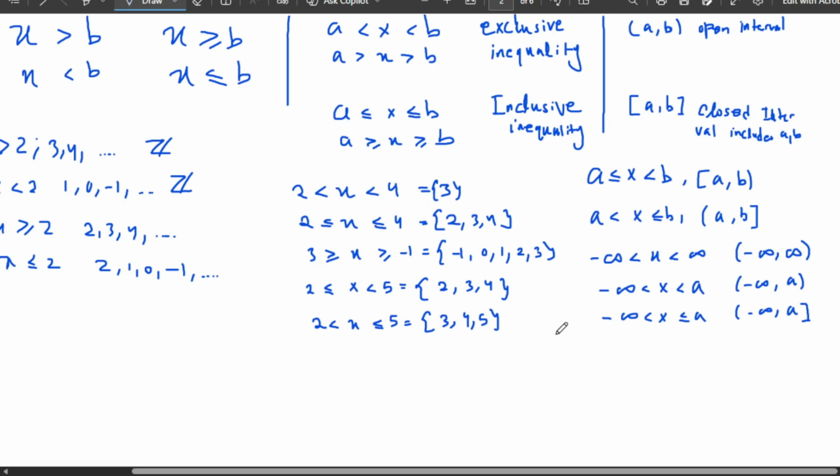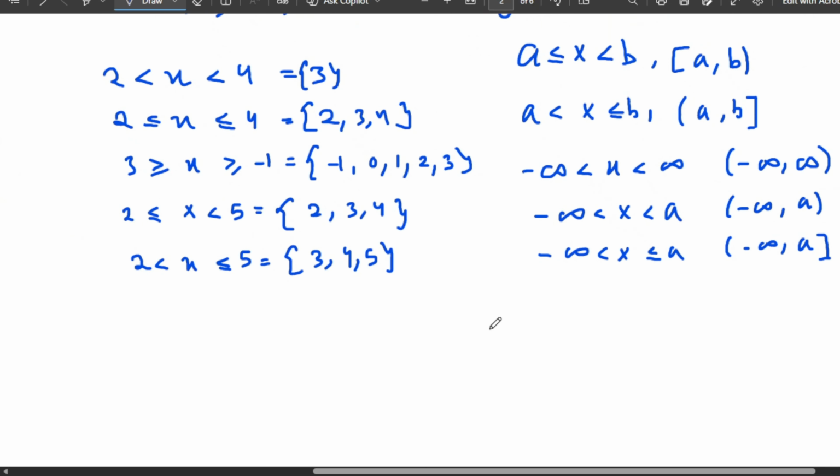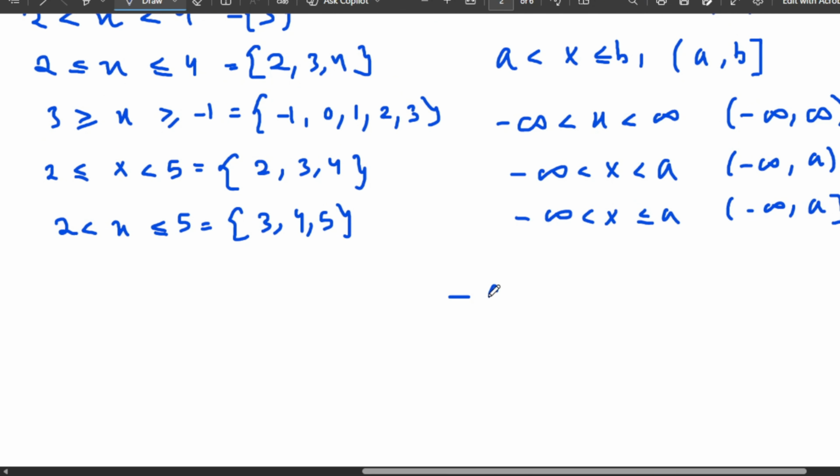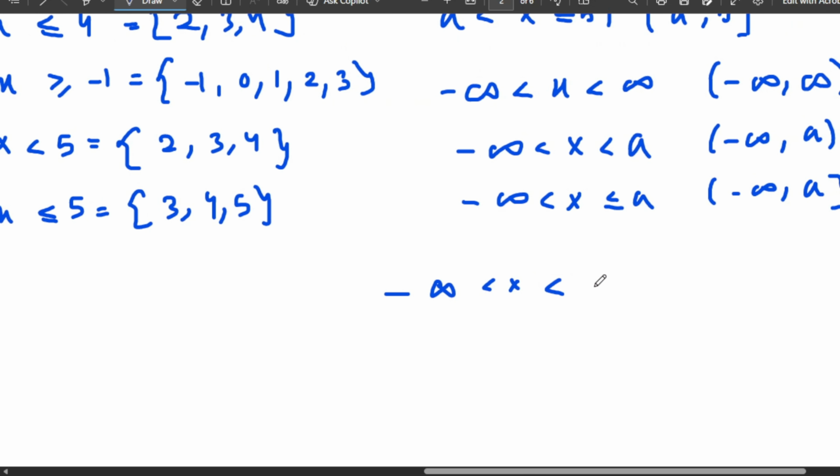So another example: if we have negative infinity is less than x is less than, let's say, 1, and we have another inequality which states that 1 is less than or equal to x and is less than infinity.